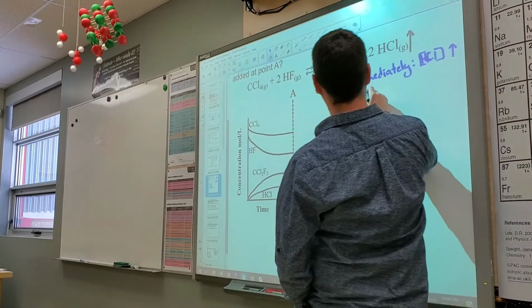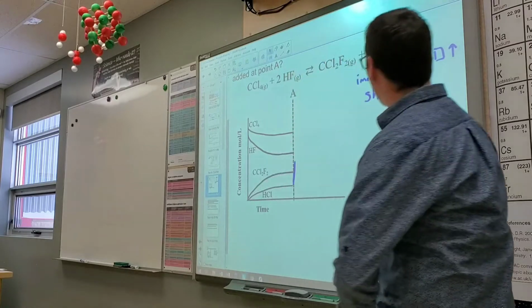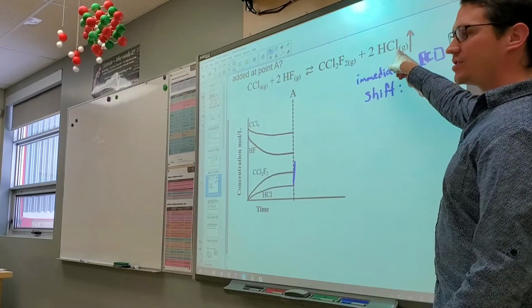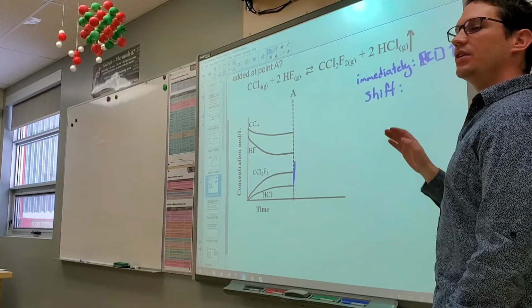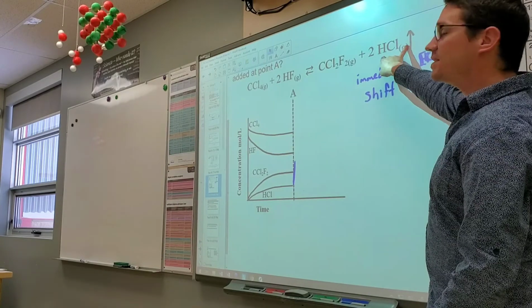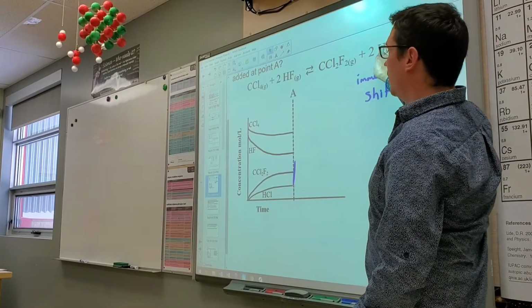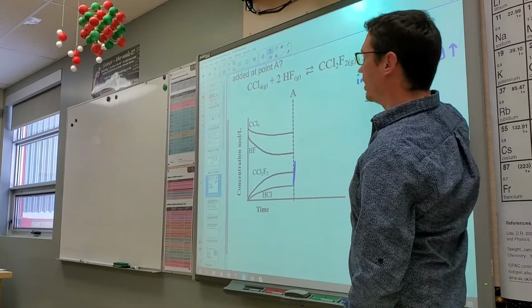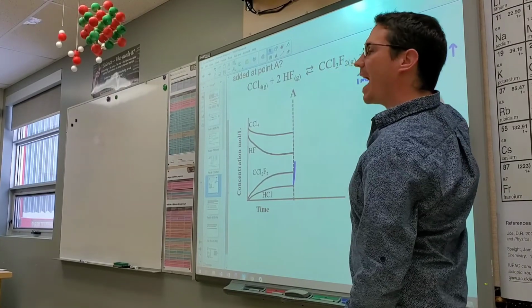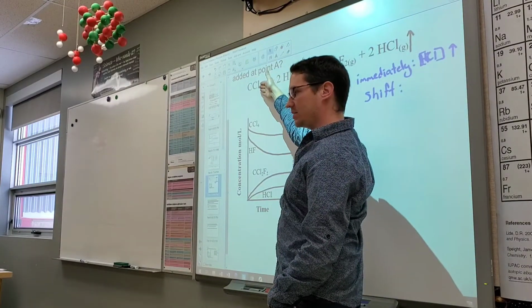Now, let's talk about the shift. Because I added HCl, our system is going to shift to use that HCl up. So now both HCl and CCl2F2, both of our products, will react together to produce more reactants.